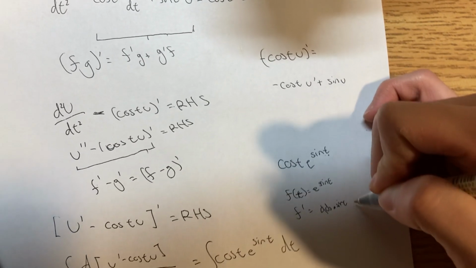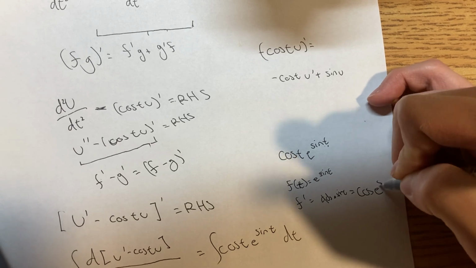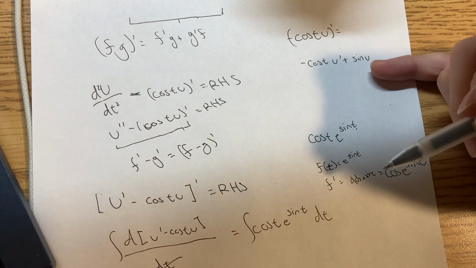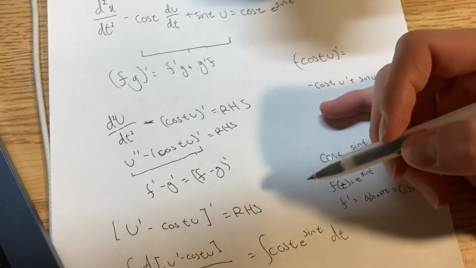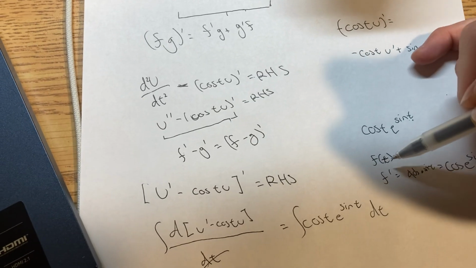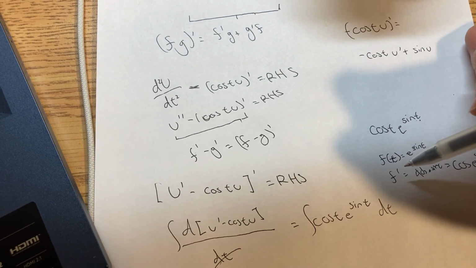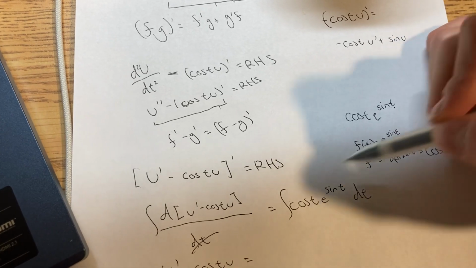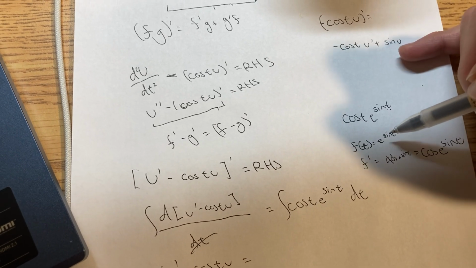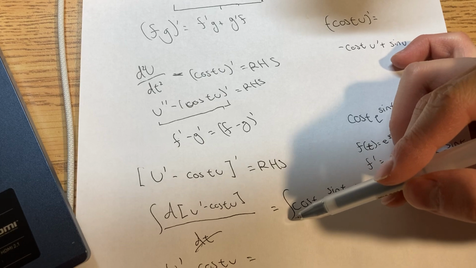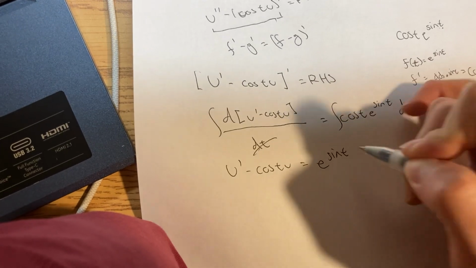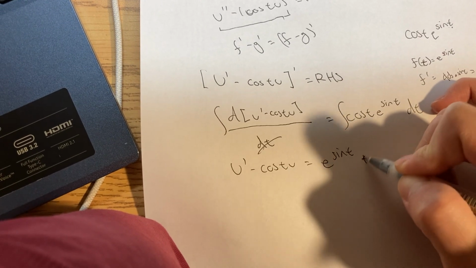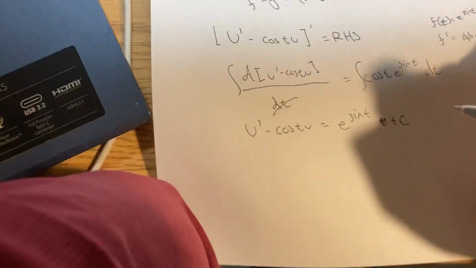It would be cosine e to the sine t. Now, that's what we have right here. So, fundamental theorem of calculus says that the derivative and the integral are basically inverse operators of each other. So, when we do the integral of this derivative, we get the original function plus some constant. So this would just become e to the sine t plus some constant.